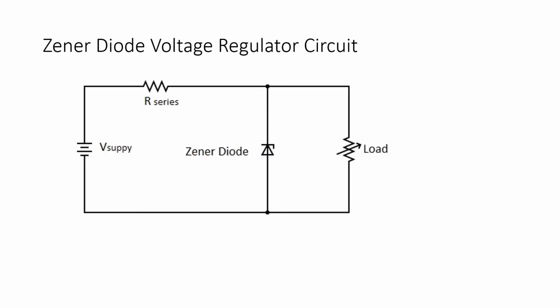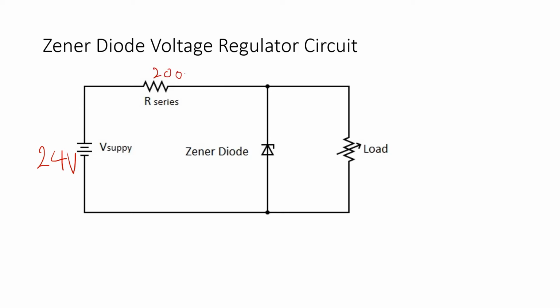Okay, so here we have a Zener diode voltage regulator circuit, and I'm going to show you how to do the calculation. So let's start with some values. Let's say we had a supply voltage of 24 volts, and a series resistor of 200 ohms.